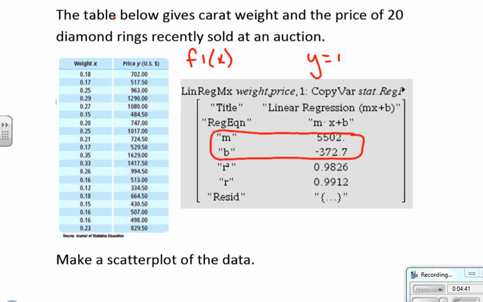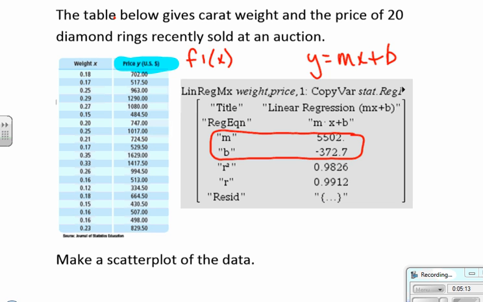Just like all lines, you're going to put the m value in where the m's at, and the b value where the b's at. Now, instead of using y's and x's, I would really like it if you would use words, because that will help you later on if you have to use your line to do something, which you will. So price was the y variable for us, and weight was the x variable.